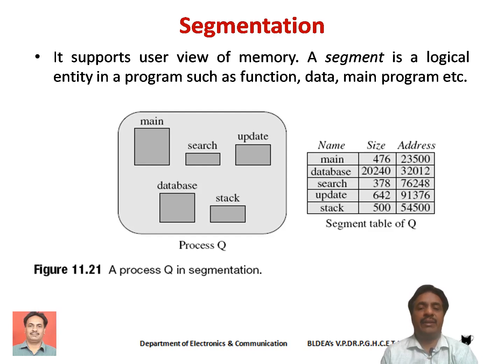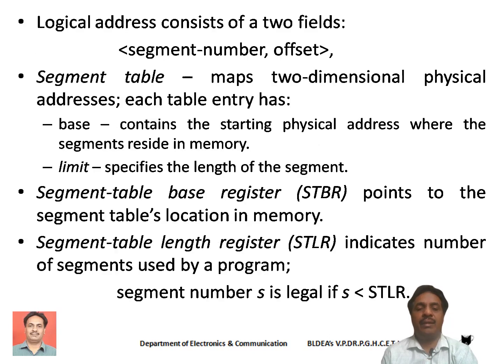For each segment, the operating system will maintain some information as shown in the segment table. It maintains information such as the name of the segment, size of the segment, and address of the segment. For each program, such information is maintained by the operating system.